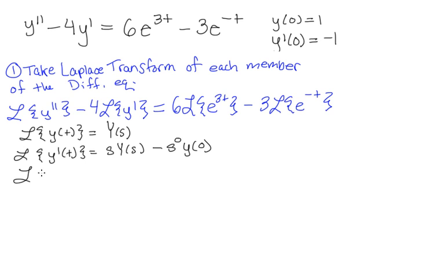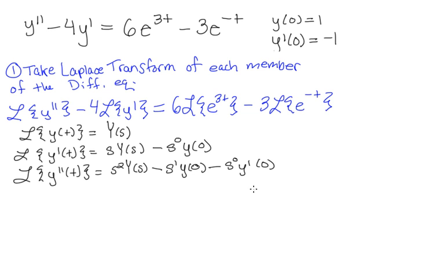And the Laplace transform of y double prime of t, so the second derivative of y, is just s squared, capital Y of s, minus s to the first times y of 0, minus s to the 0, which is just 1, times y prime of 0.